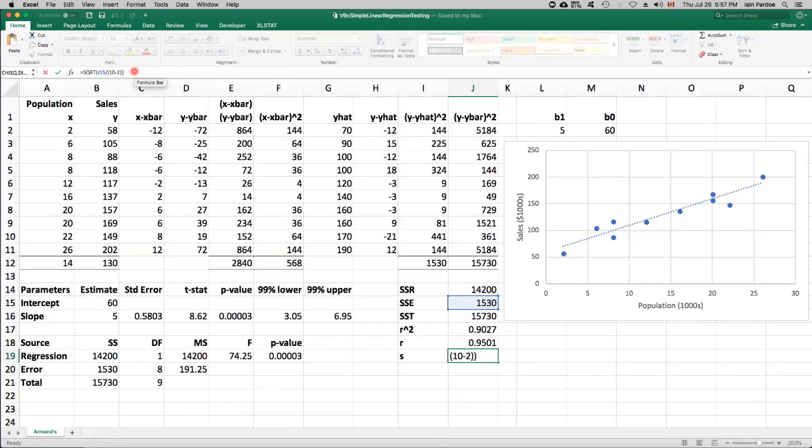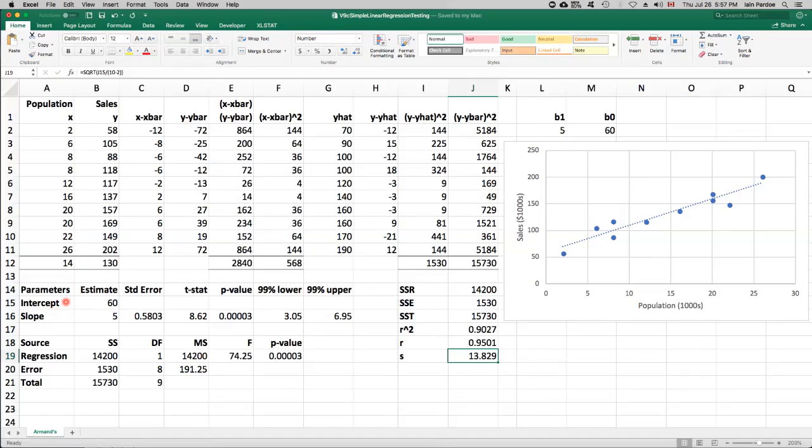And the mean squared error is the sum of squared errors divided by the degrees of freedom for error. The degrees of freedom for error is 8. It's sample size minus 2 for simple linear regression. So if we take the square root of the mean squared error, we get 13.829, and so that's the standard error of the estimate.